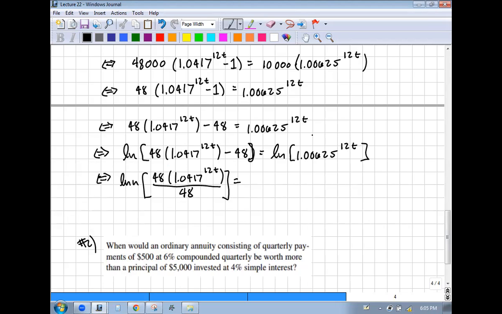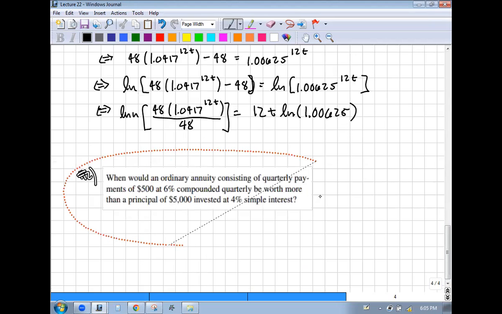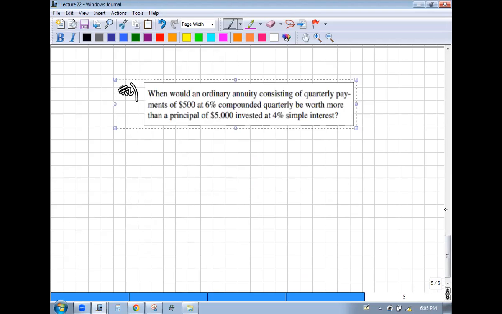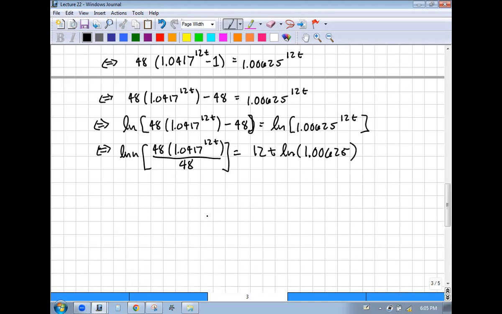And over here, I could pull the t out. This is 12t times the natural log of 1.00625. We might just do one of these because this is more hassle than I hoped it would be.